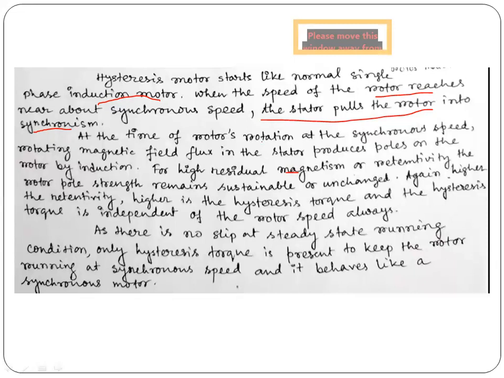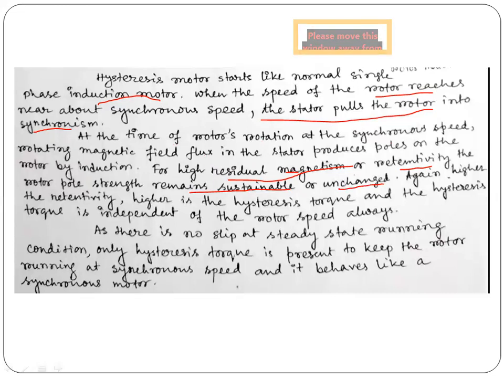At the time of rotor rotation at the synchronous speed, the rotating magnetic flux in the stator produces poles on the rotor by induction. For the high residual magnetism or retentivity of the rotor, pole strength remains sustainable or unchanged.